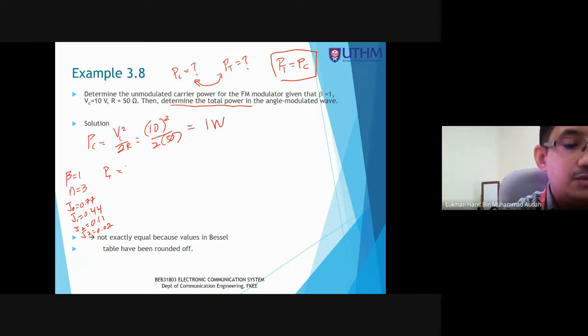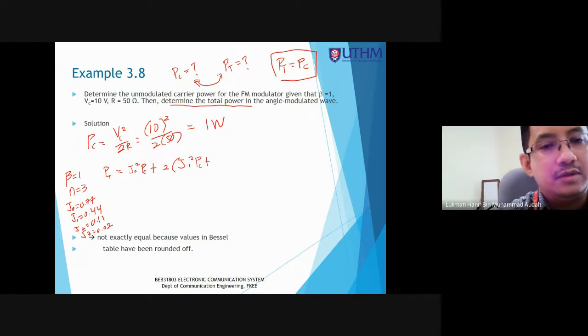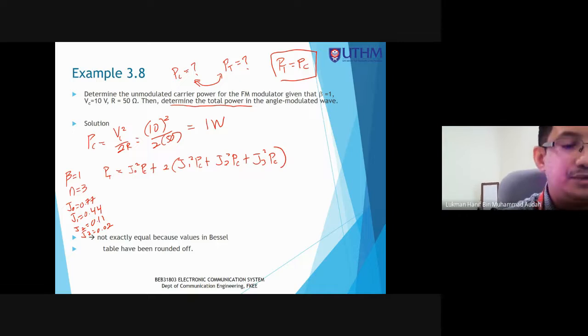So therefore we need to use like this: J0 square PC plus 2 times J1 square PC plus J2 square PC plus J3 square PC, because we have up to 3 sideband.